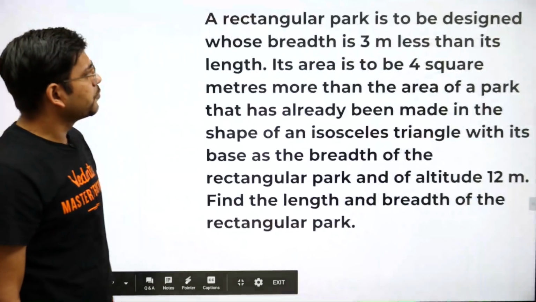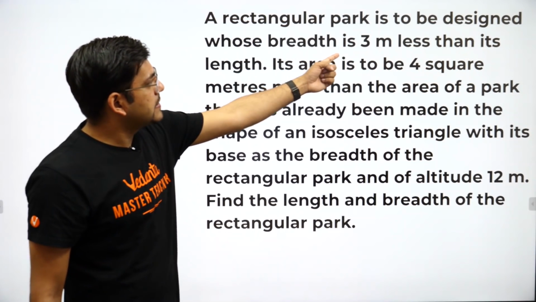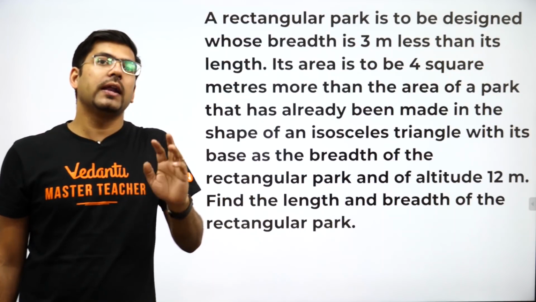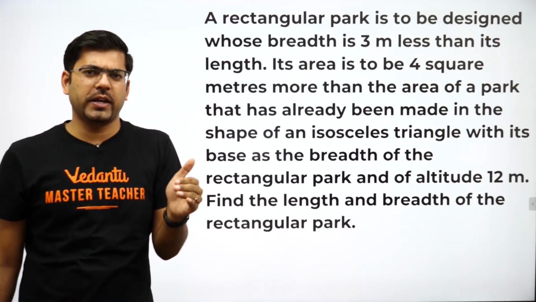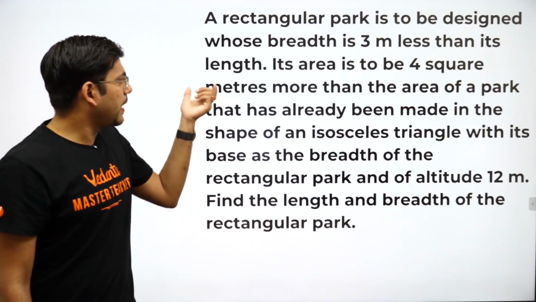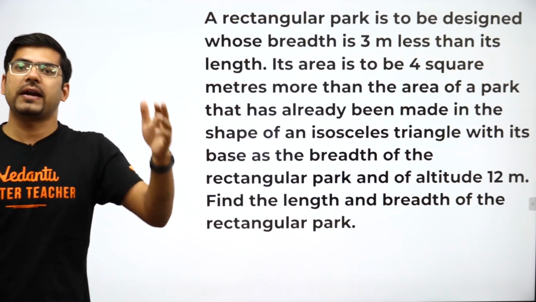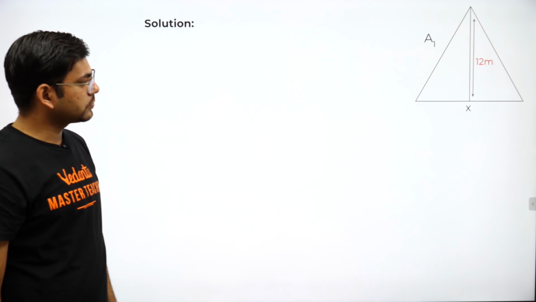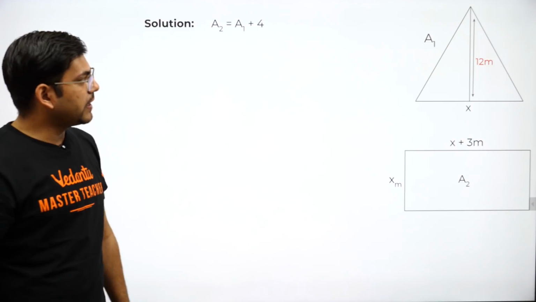See here: whose breadth is 3 meters less than its length. Breadth is 3 meters less or length is 3 meters more, both are the same, because if one is 3 smaller, the other will be 3 bigger. So length is 3 meters more than the breadth. Taking this into consideration, x plus 3 is the length.